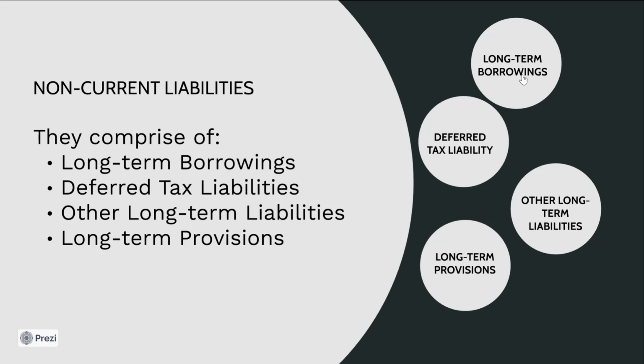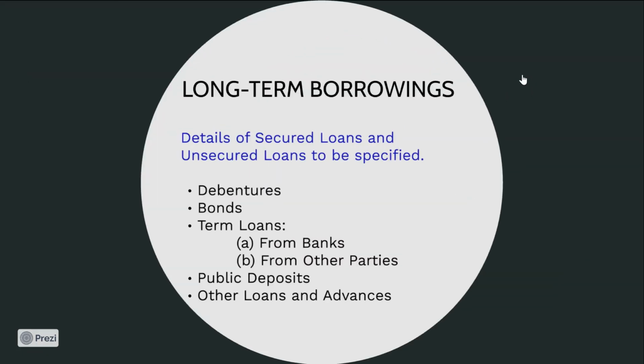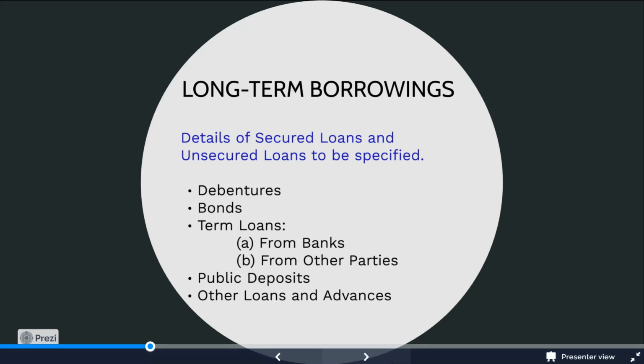Let's begin with long-term borrowings. Under long-term borrowings, we need to make sure that the details of secured loans and unsecured loans are specified separately. The following will come under long-term borrowings: debentures, bonds, term loans from banks or from other parties, public deposits, and other loans and advances.